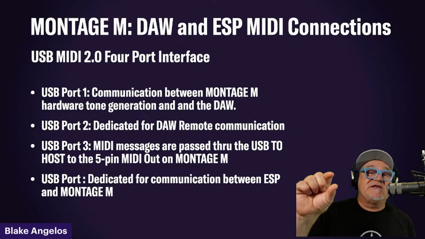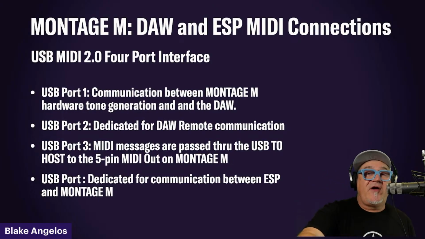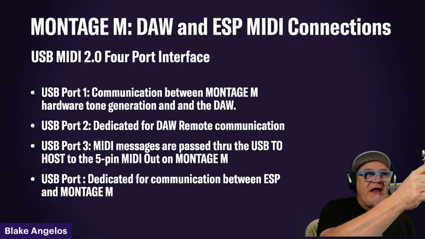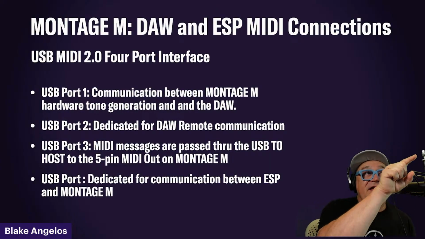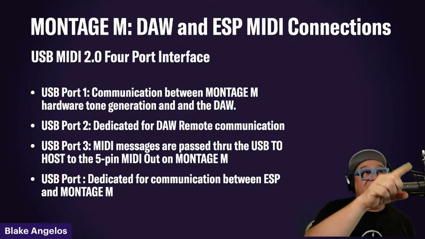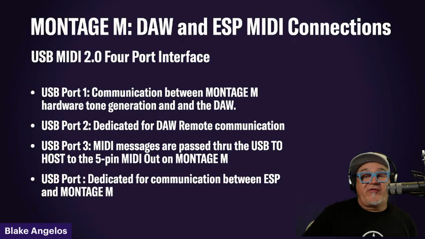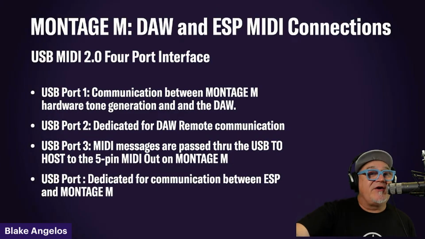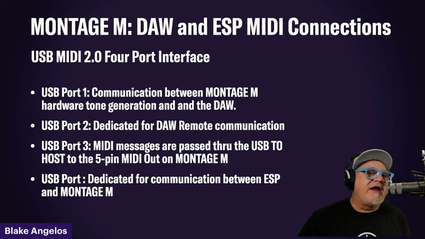What you can do is take the MIDI output from the physical DIN 5-pin on the montage and connect that to any tone generator like that FS1R, and then inside Cubase I can say port 3, and that's going to send anything that I play back via MIDI out port 3 to just that tone generator. So you can bring in older gear into your montage USB system by using port 3.